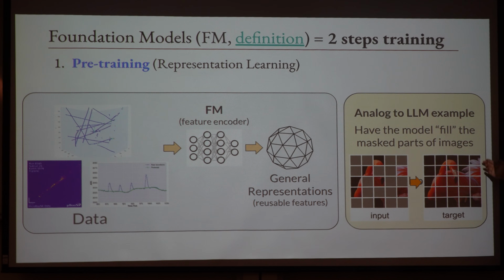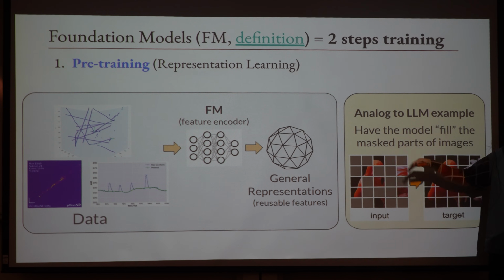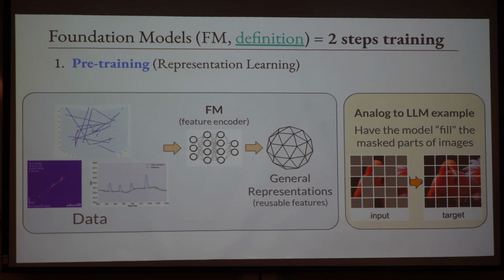In this case, you have an image of a flamingo, and you mask a portion of the image, and you can ask the model to generate the pixel values in those patch regions. So you can do that kind of thing for images too. In fact, that is one of the first very successful self-supervised techniques for computer vision. Like I said, it was very difficult. It took a few years after large language models for the computer vision people to make that work.